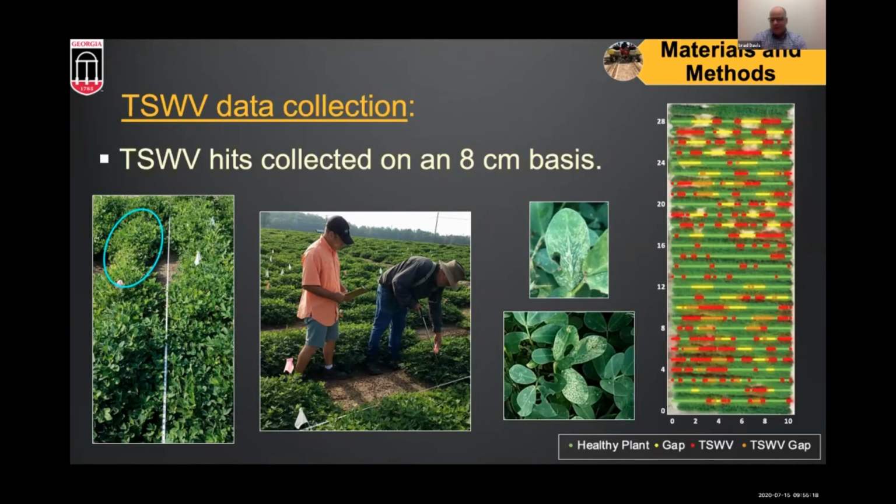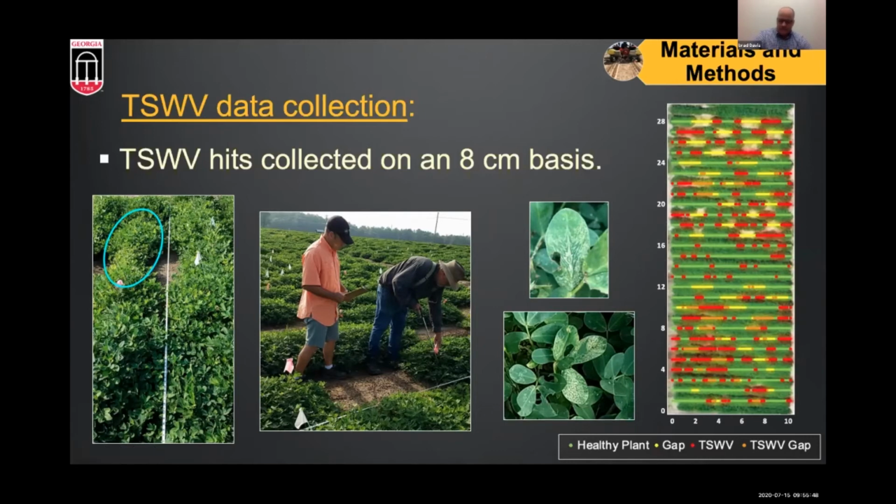Once we saw this kind of presentation, we saw how the TSWV was occurring at the gap edges, and then sometimes it would occur in the adjacent rows. Again, you can see where it occurred in the adjacent row from this gap, but once we replanted, the thrips migrated back into the gap where the new growth of the peanut plants were.